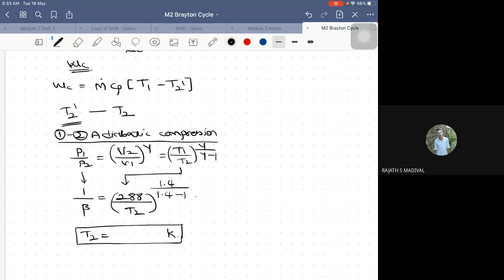Now, once you got T2, we will calculate T2 dash using compression efficiency. 480.53 Kelvin, sir.